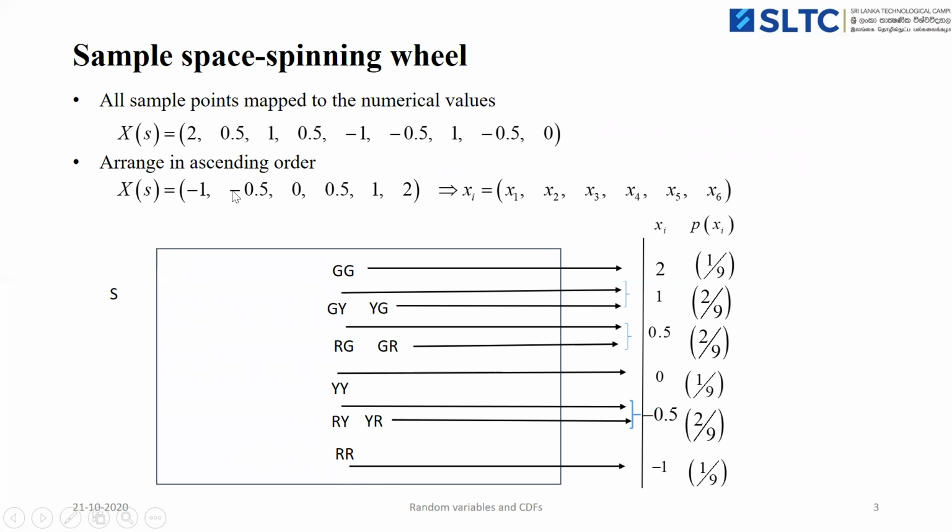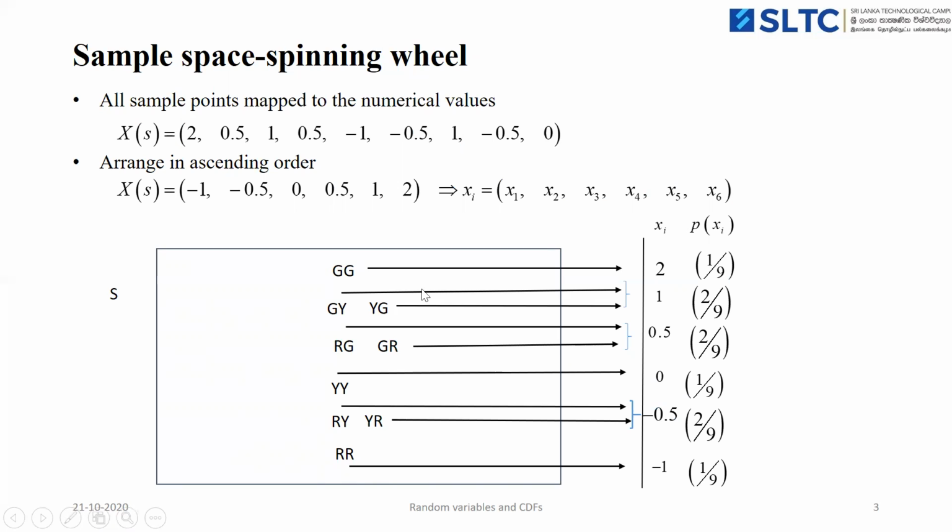So totally 6 numerical values are generated in the random variable X for the sample space. The sample space contains the nine outcomes, but the random variable consists of only 6 numerical values, because some outcomes are mapped to a single numerical value.